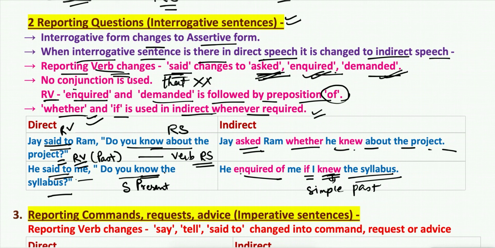Second thing, said to is changed to inquired of, and if is also used. So in the first sentence we have seen the use of whether, and in the second sentence the use of if, and the reporting verb said is changed to asked or inquired of or demanded of. So this is how we convert the direct form to indirect form for interrogative sentences.